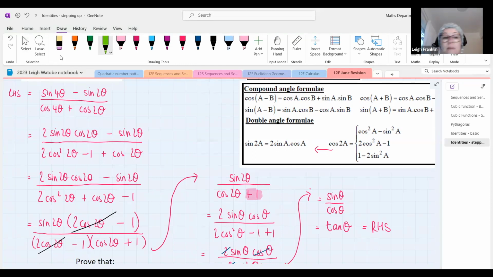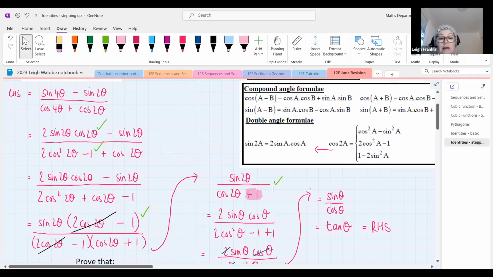Okay, so in this question, there would have to be a mark for 2 sine 2 theta cos 2 theta, and there would have to be a mark for 2 cos squared 2 theta minus 1. There would be a mark for factorizing. Often there would be an accuracy mark for simplifying. So there would probably be a mark there for simplifying.